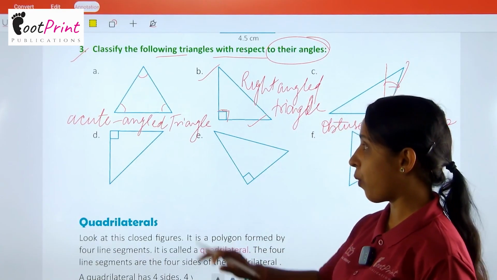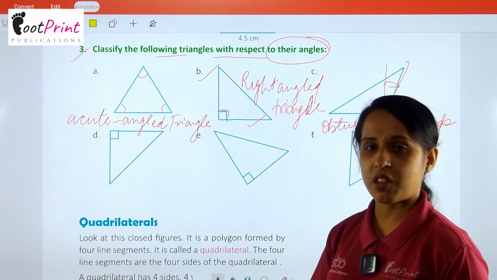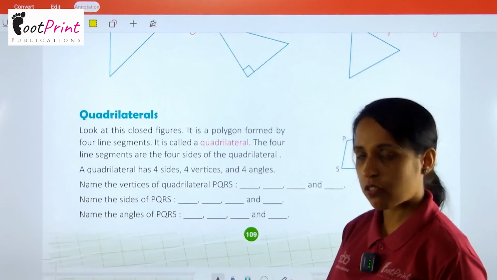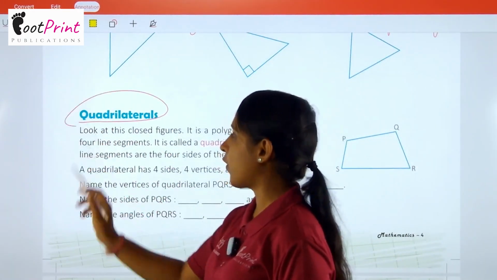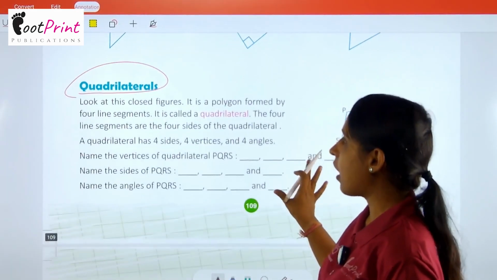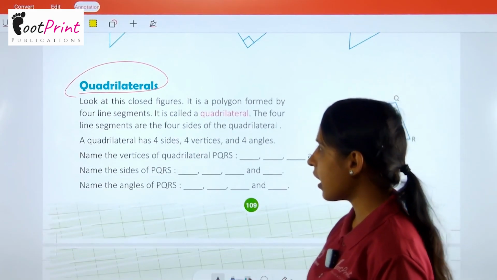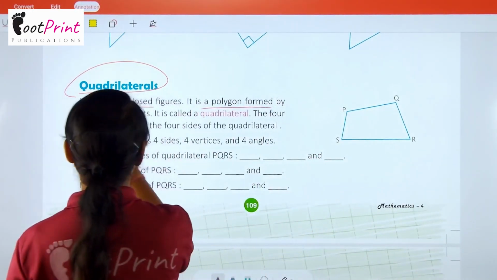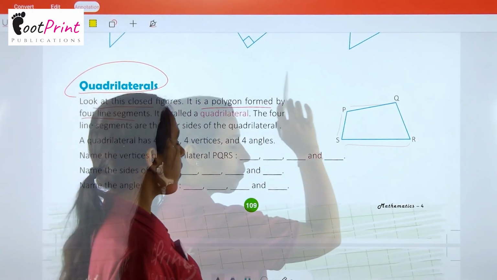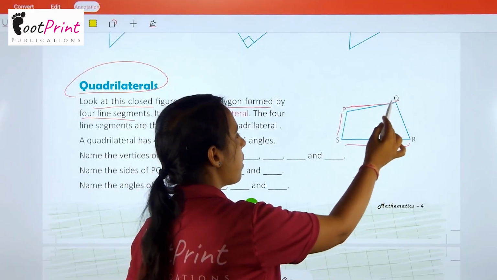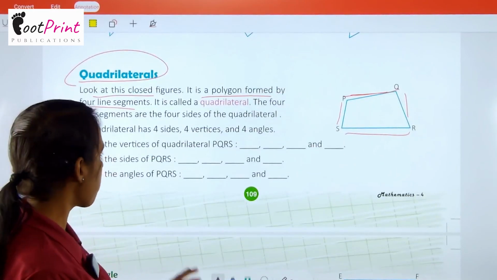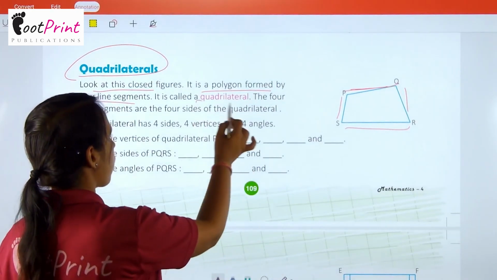I hope all the concept of the triangle has been clear to you all very well. Now we will move to the next topic, that is quadrilaterals. Okay. So let's start. Here, look at this closed figure. It is a polygon formed by a 4-line segment. We learned that if a polygon is made by 4 sides, or we can say 4-line segments, that one is called quadrilateral.